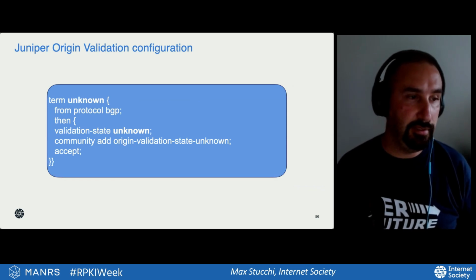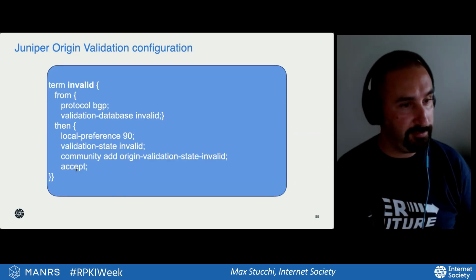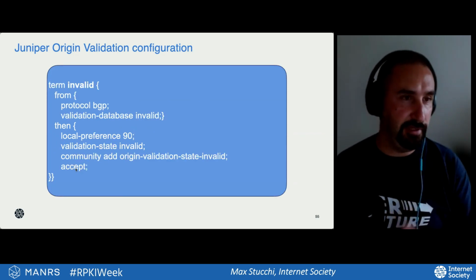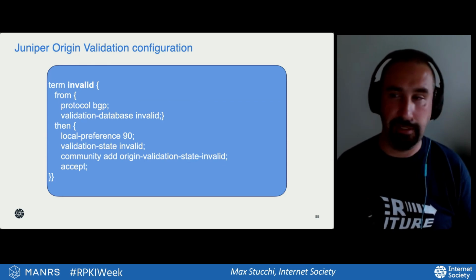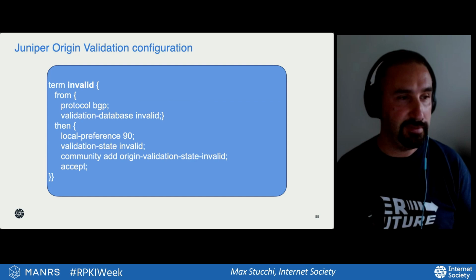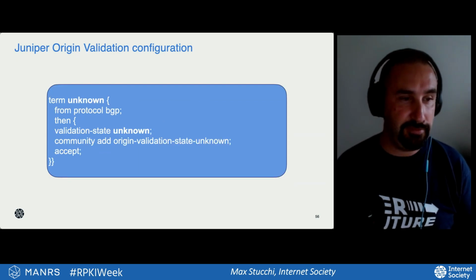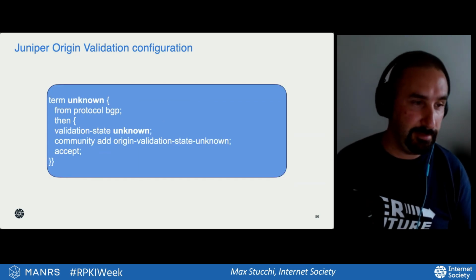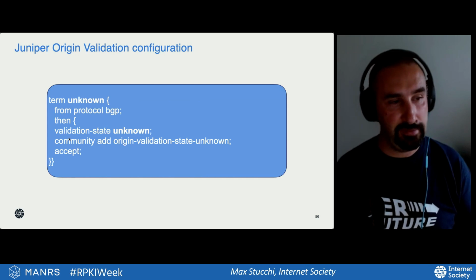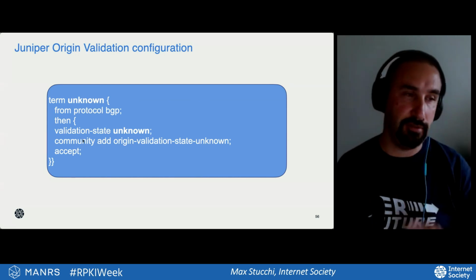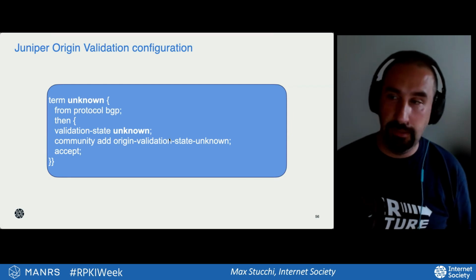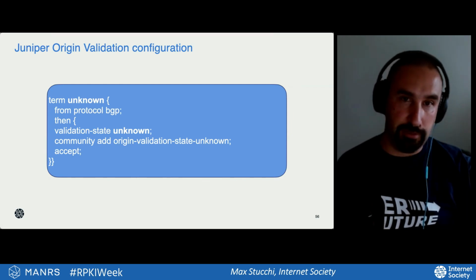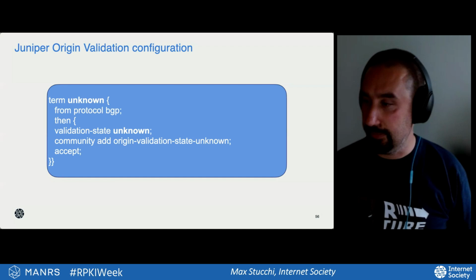And then you can see here we have the accept. We have the accept for invalids as well. This is an example of bad practice, but this is so you can get an idea of how you should not be doing that. And once we have this, see, this is another thing that's also mentioned later. You can add communities to your prefixes when you accept them.